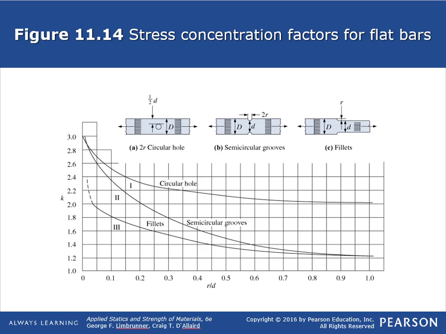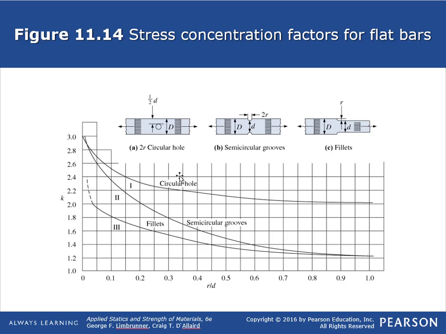Then we have figure 11.14, which has a chart. The chart has 3 lines on it. The K factor is read off the y-axis. The input to the chart would be this R over D, in which case here you have a 2R over D. There are different ways of getting this based on the R over D, so each one of these has an R over D. What you have to do is calculate the R over D. You find that on the x-axis, and then you come up until you intersect what type of stress raiser this is.